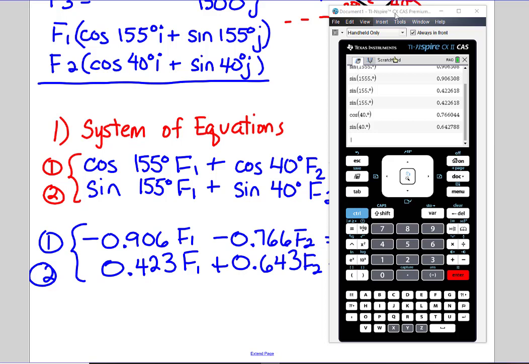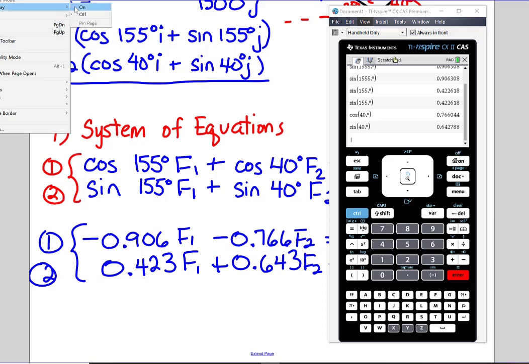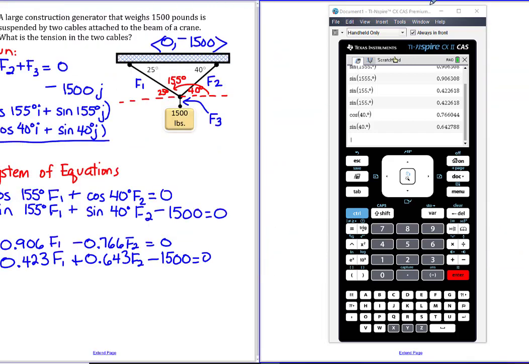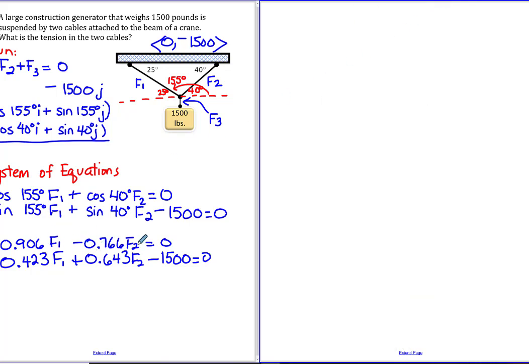Now, what we want to do is substitute for one equation. We're going to get a second page here so we can keep looking at them side by side. So we want to substitute using equation 1. From equation number 1, we're going to get F2 all by itself.